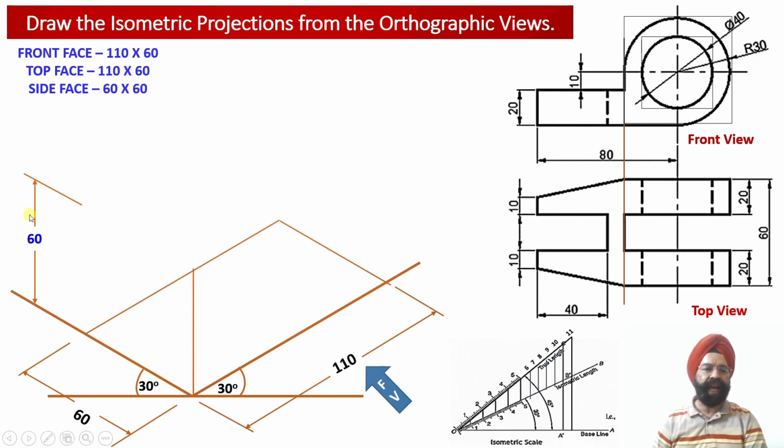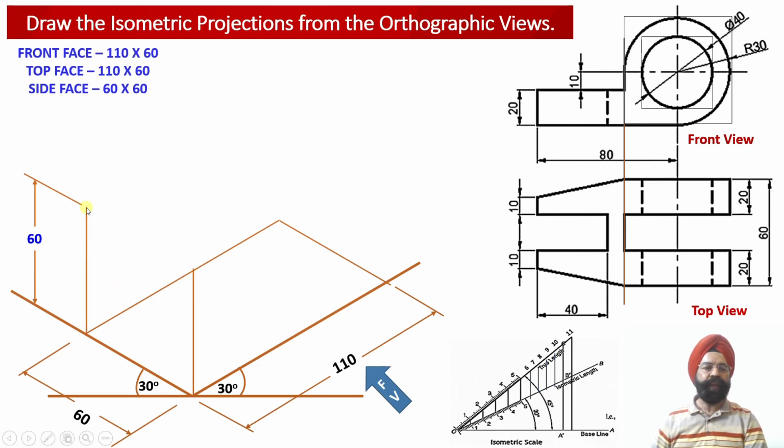And now we know that alongside the y-axis, the height of the solid has to be projected over here. So now this isometric distance of 60 millimeter we have marked above this particular center point over here. This distance will be 60 millimeter, which is going to indicate the height of the solid.